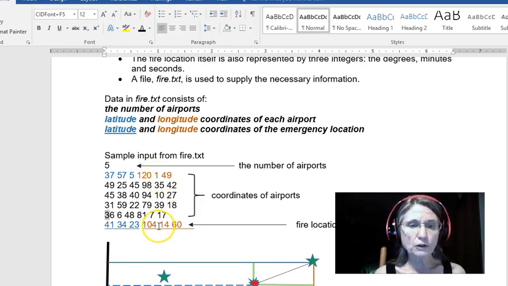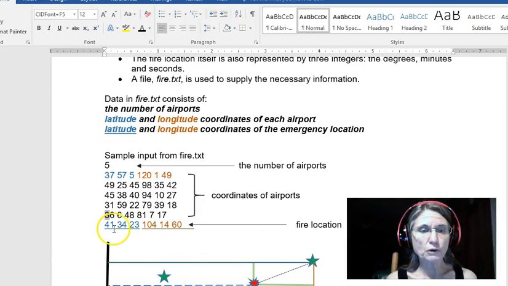The final line in the file is the fire location, which is also given in a degree, minute, second unit, latitude, followed by longitude.